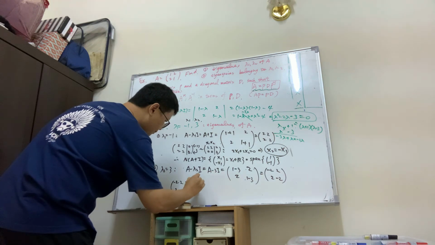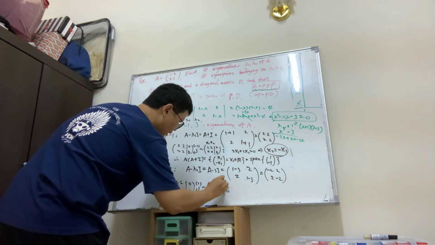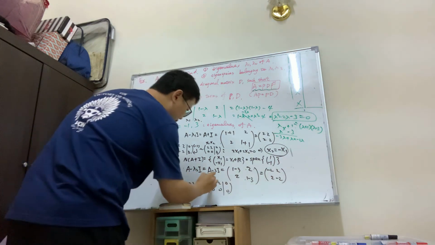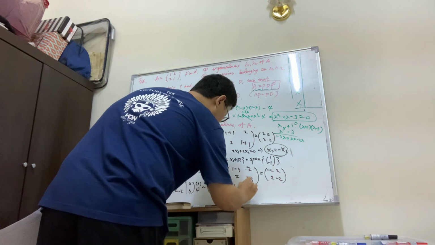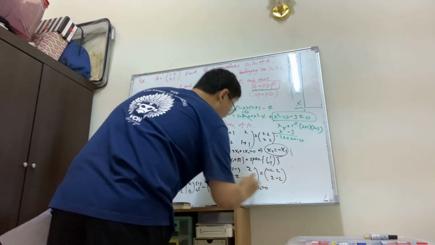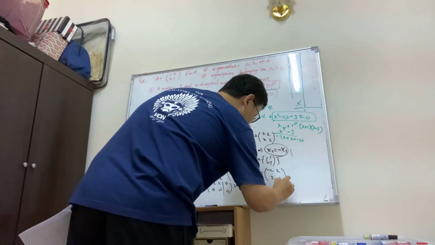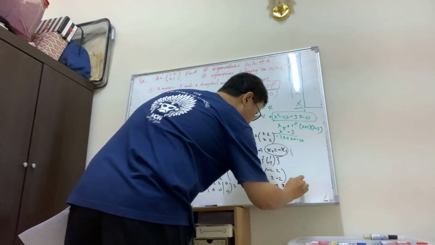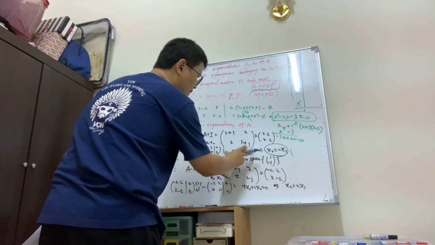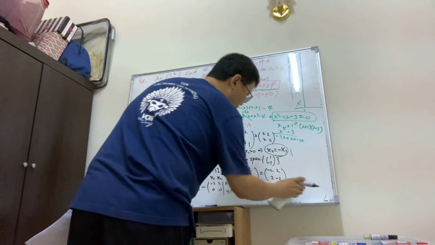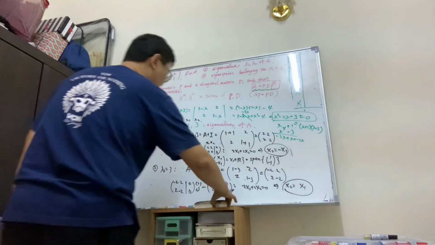Again, reduce it, so we can cancel one row. Then with x1, x2, it means -2x1 plus 2x2 equals 0. Move it to the right-hand side and you get 2x2 equals 2x1. We divide by 2 on both sides, so you get x2 equals x1.